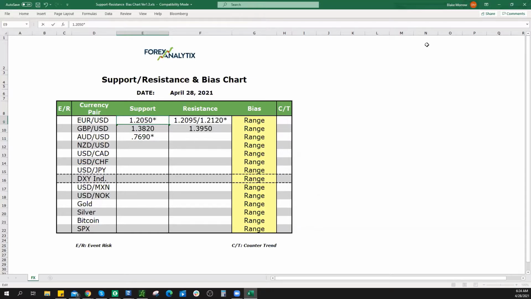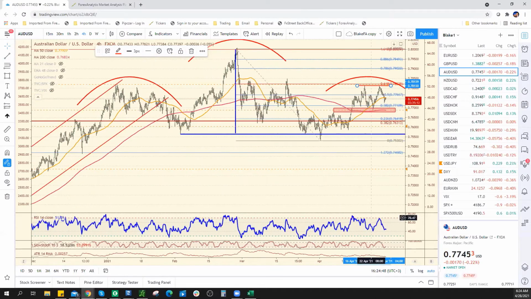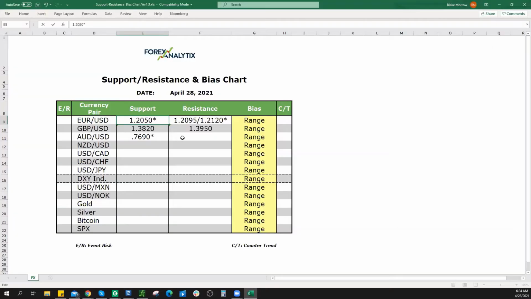I should probably put some asterisks here because I think they are pretty key. All right. And if you look at the Aussie, really key support there because that sets up a double top, but also the flip side to that is a break above 78 and 78.20, and then that's the 618, and then we've got to turn bullish here. 78.20, that's also key.